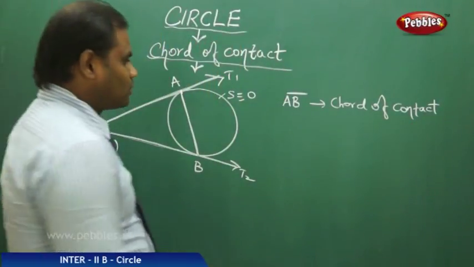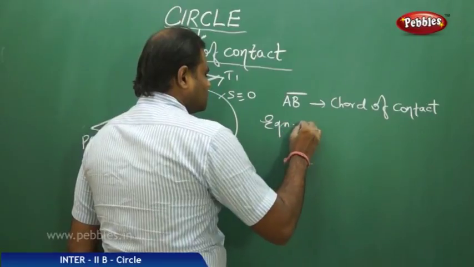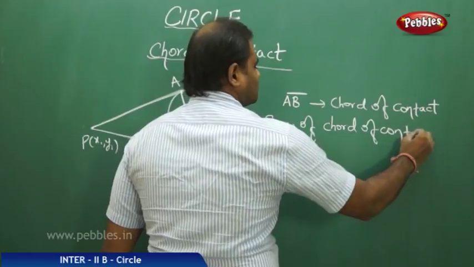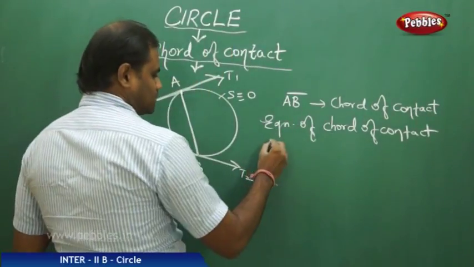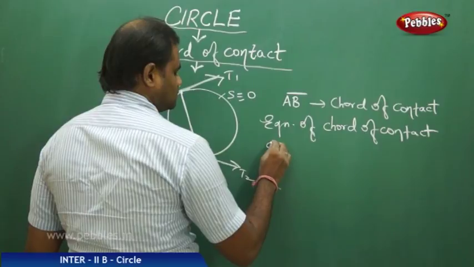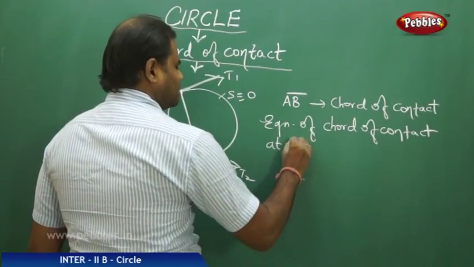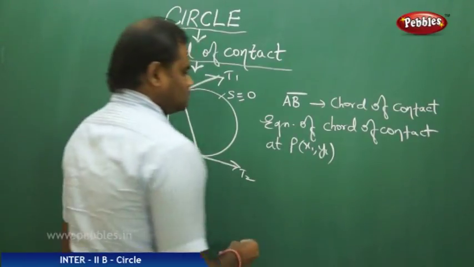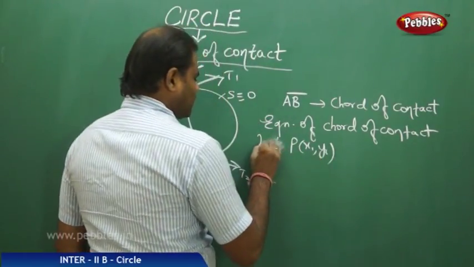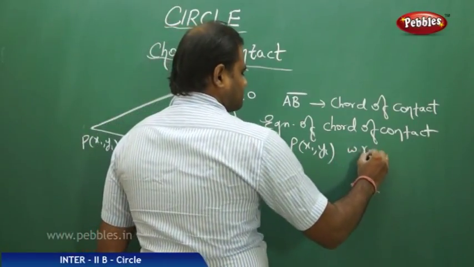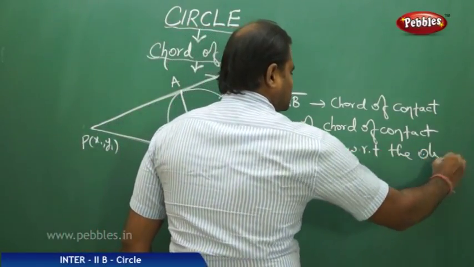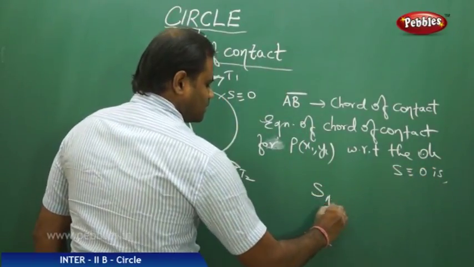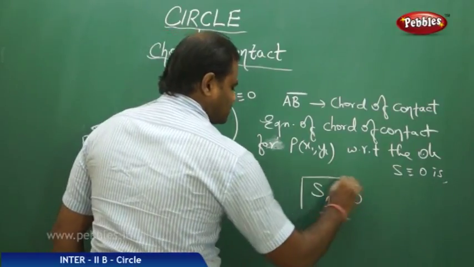And the equation of the chord of contact at P(x1, y1) with respect to the circle S equal to 0 is given by S1 equals 0.